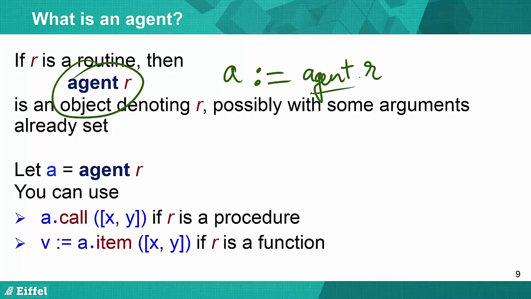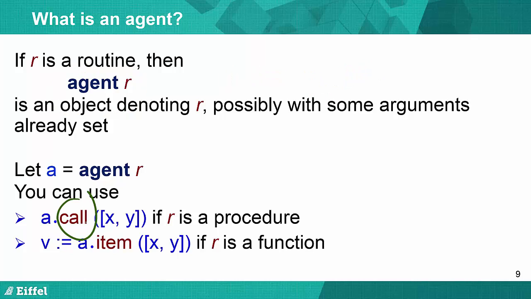So it's an object that denotes R, possibly, as we're going to see, with some arguments already set. This is not the case here. And so in that case, using A, you can use call or item, depending on whether R was a procedure or a function. If R is a procedure, it means it doesn't return any result, so all we can do with it is to call it.